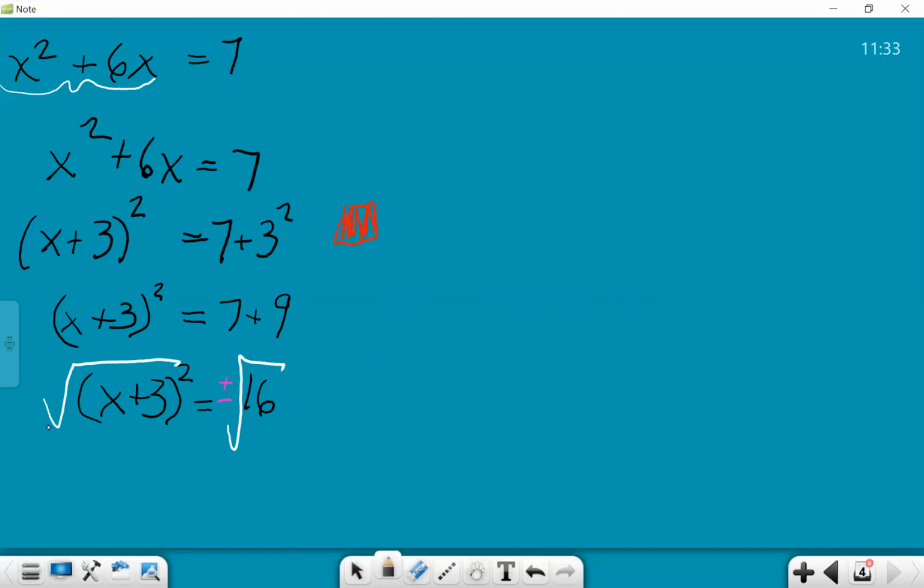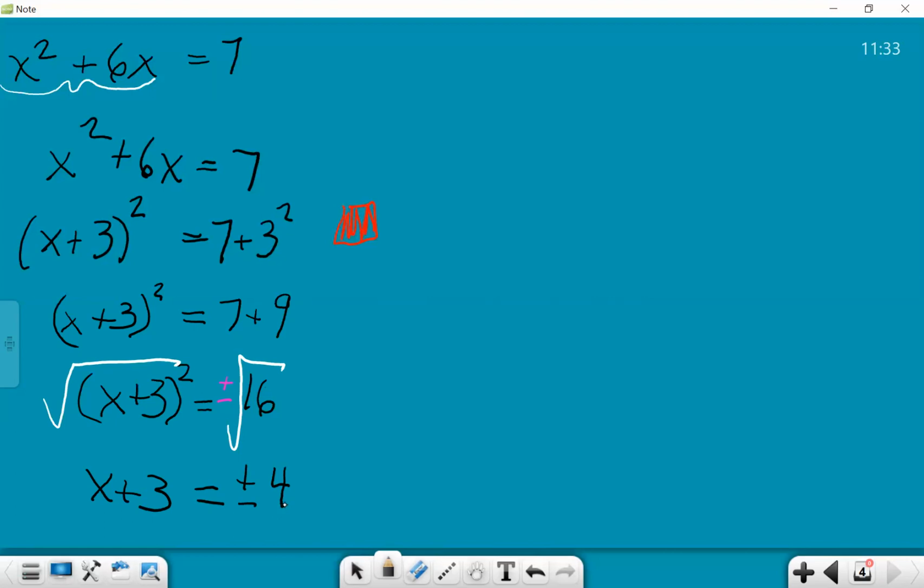Square and square root undo each other. I'm left with just x plus 3 on the left side. And on the right side, plus or minus, and the square root of 16 comes out nice. The square root of 16 is going to be 4.